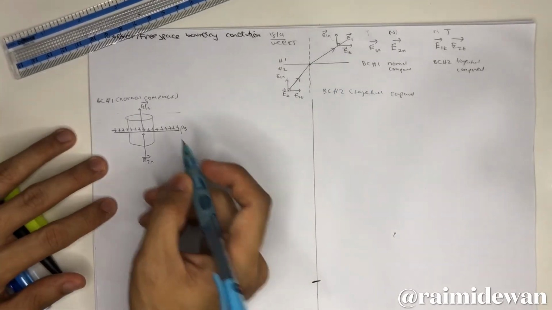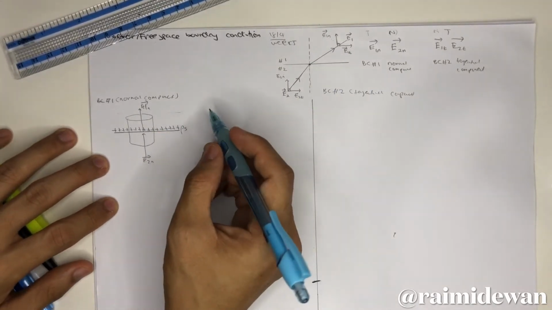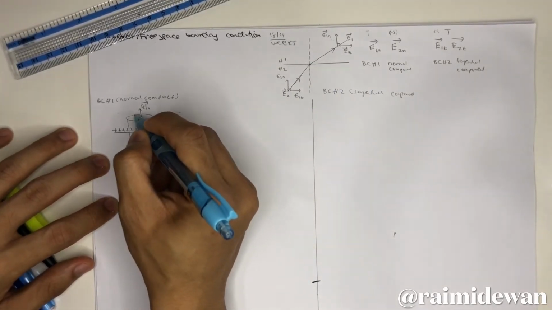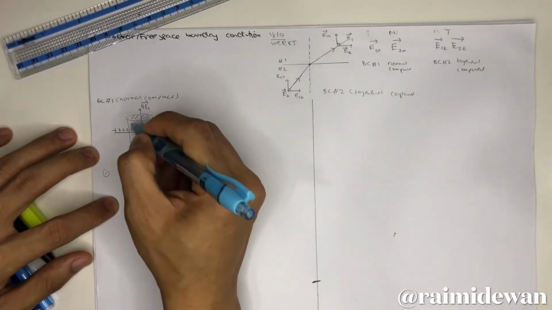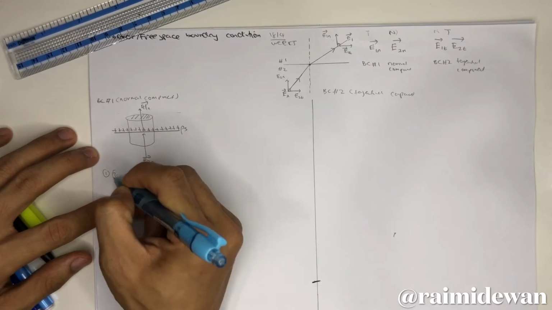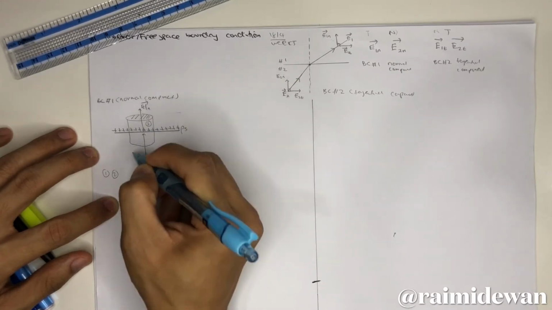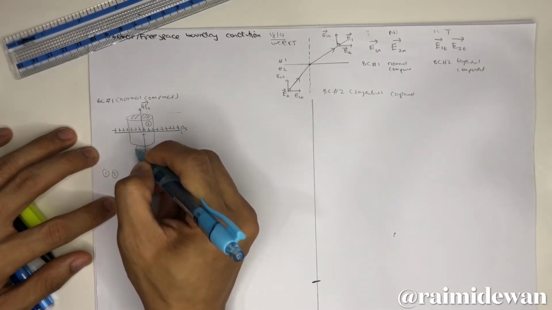So what surface do we have? We have this surface, surface 1, and you have this as your surface 2, and you have the below part which is your surface 3.